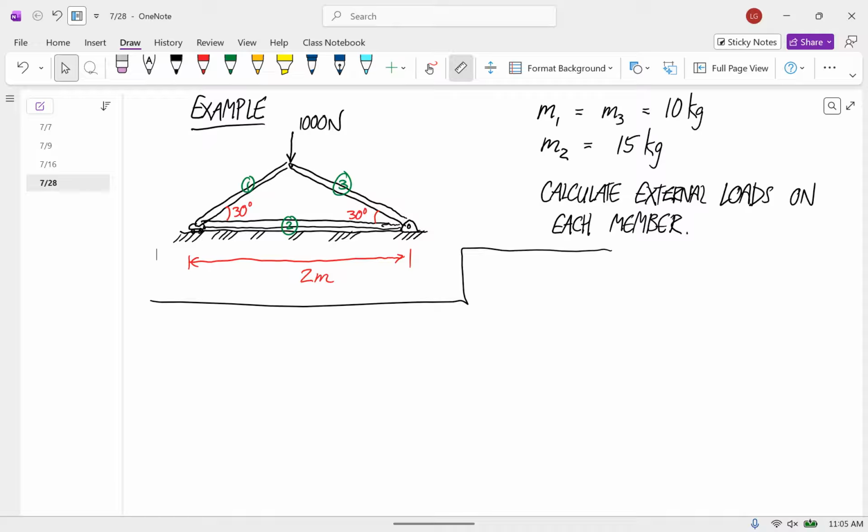And the bigger these systems get, the more benefit you get from this simplification. But we're going to learn this full method first because that simplified method only works in select cases.